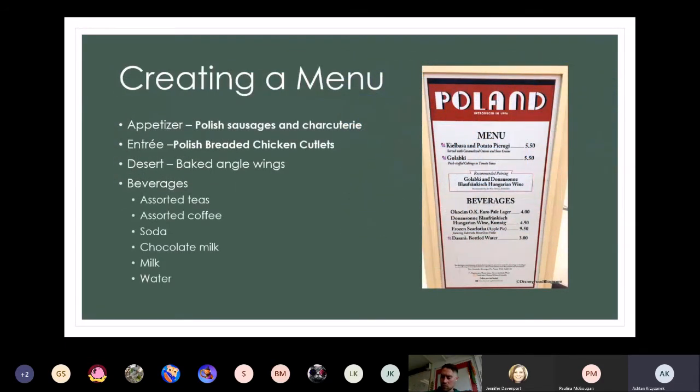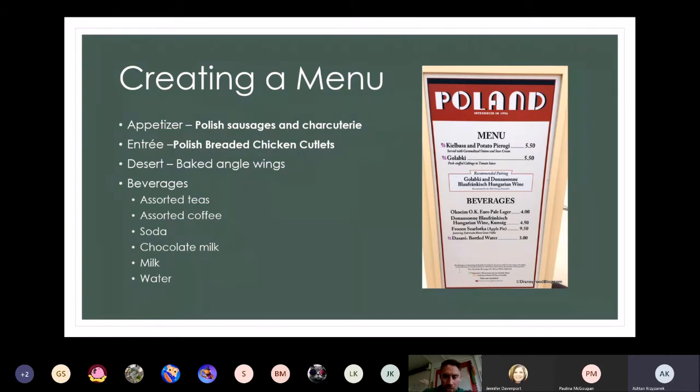So for my menu, I had one appetizer, entree, and dessert for each, and different beverages. For the appetizer, I had Polish sausages and charcuterie, which is a type of sausages and eggs.